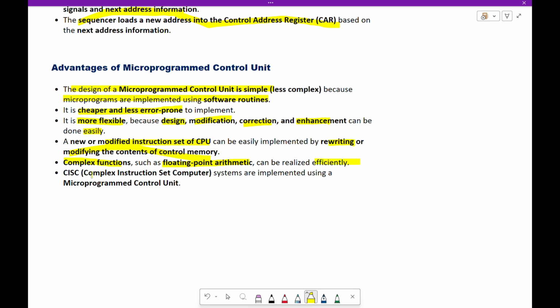CISC, complex instruction set computer systems, are implemented using a microprogrammed control unit, whereas RISC is used for implementation with hardware circuits. So that's all from my side.